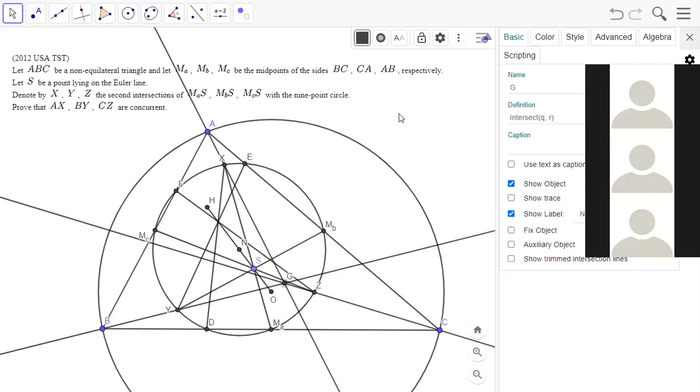I have met many problems with concurrencies like this, where the points are defined in the same way. Yeah, I have met some of these before, and these problems in Vietnam are really hard. Like the Vietnamese Mathematical Olympiad problem 7 last year. It's very hard, and it's similar to this.